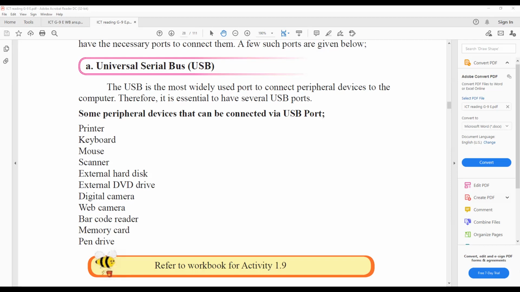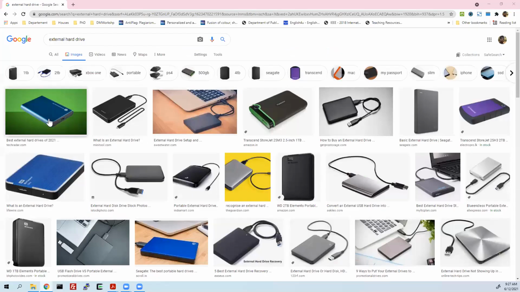Right, okay. Let me share one. So this is an external hard drive, where you will have a hard disk inside, right? And then you can connect through a USB. So external hard disk. And then external DVD drive.